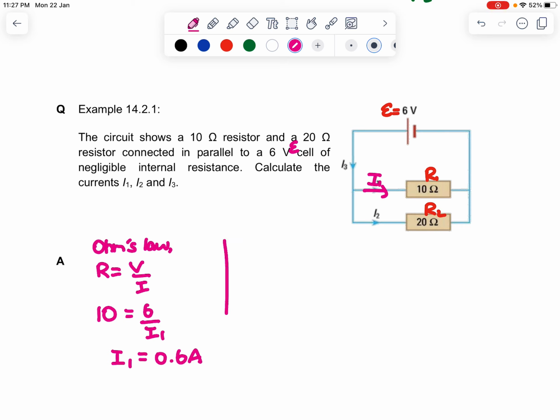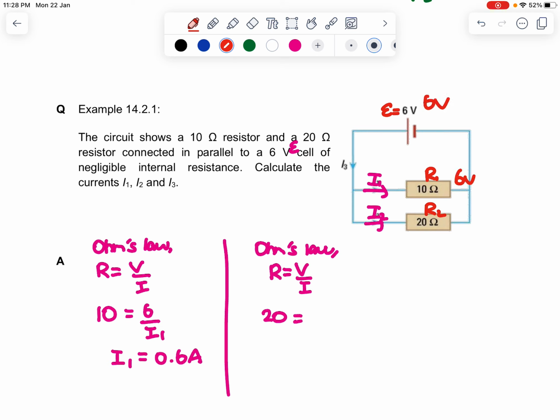Using Ohm's law again, R equals V over I. Same thing, let's look at I2. Now resistance is 20. Voltage is the same, as you know. The EMF, 6 volts here, means 6 volts here, means 6 volts here. So it will be 6 over I2. I2 will be calculated 6 divided by 20, 0.3 ampere.